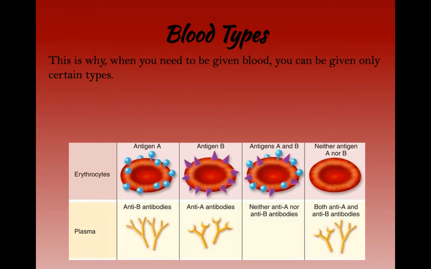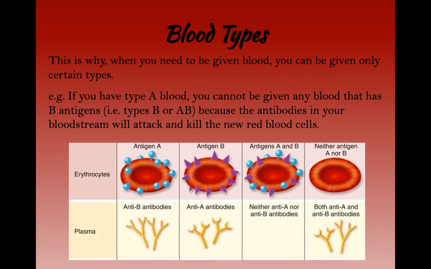This is why when you need to be given blood, you can only be given certain types. As an example, if you have type A blood, you can't be given any blood that has B antigens because you have B antibodies. If you're given type B blood or AB blood, those antibodies in your bloodstream are going to attack and kill the new red blood cells.